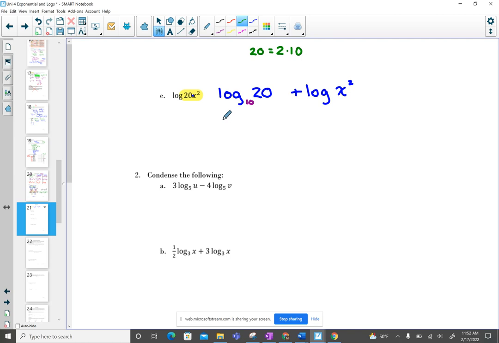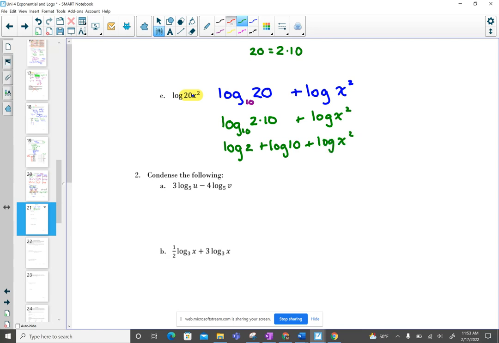So what I would do with this is separate this as well. I'd do log base 10 of 2 times 10, and I'd separate this into log 2 plus log 10. And we're still going to bring down the plus log x squared.